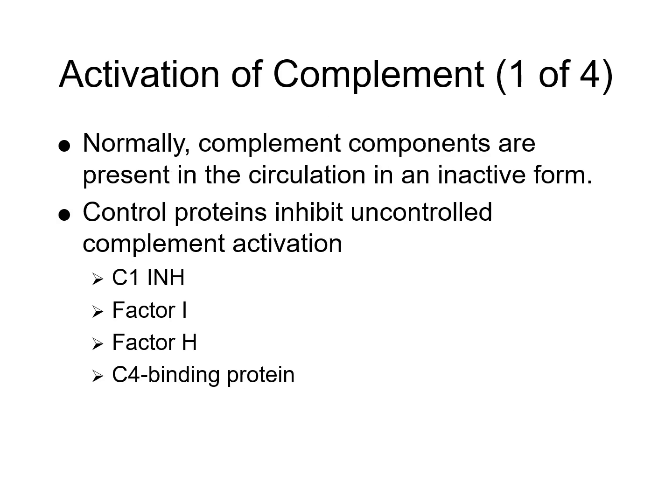So the complement components circulate in the blood in an inactive form under normal conditions. Regulation is essential to prevent uncontrolled activation that could damage host tissues. Complement control proteins inhibit excessive or inappropriate complement activation. For major regulators, this includes the C1 inhibitor, which blocks the early steps of the classic pathway.